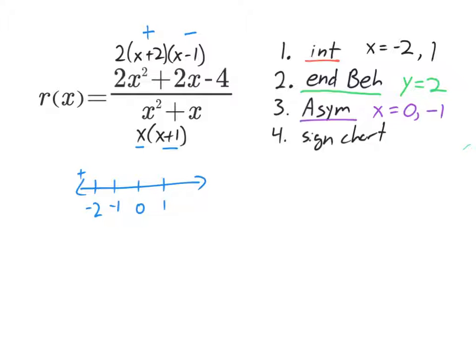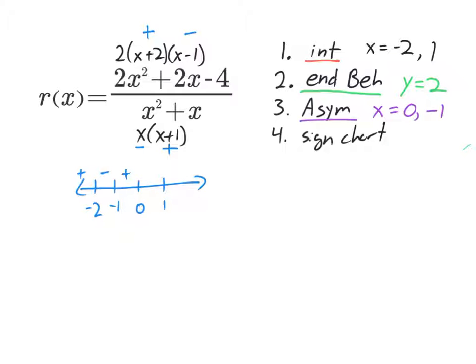So this is going to be negative. In between negative 1 and 0, let's go negative 0.5. Negative 0.5 minus 1 is going to be negative. Negative 0.5, well, that is negative. Negative 0.5 plus 1, that's going to make this positive. So now this is positive.